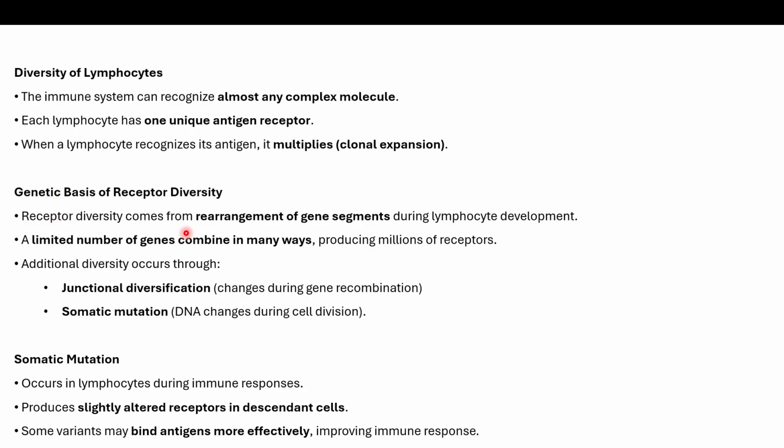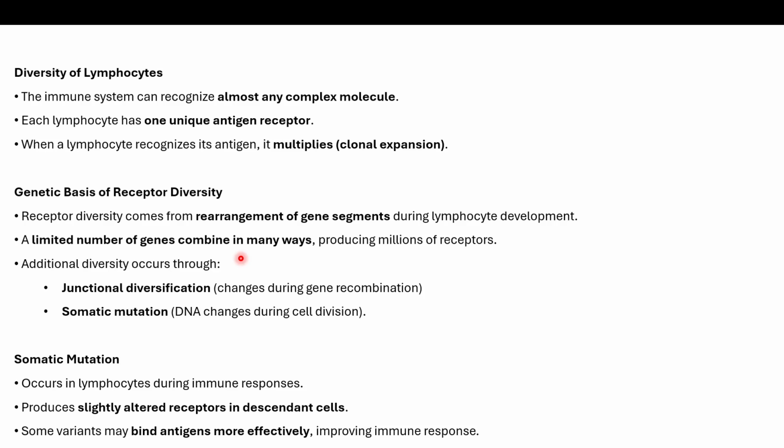Receptor diversity comes from rearrangement of gene segments during lymphocyte development, right? A limited number of genes combine in so many different ways. In the last tutorial session we looked at alternate splicing, right?